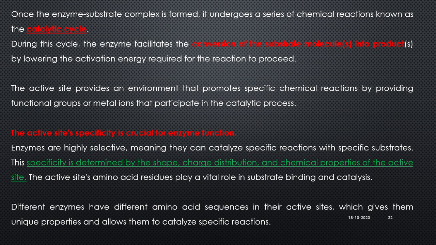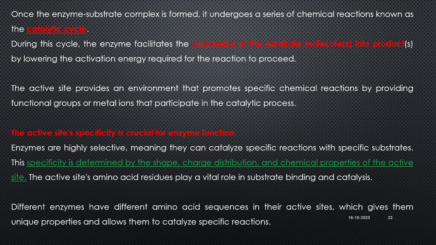Enzymes are highly selective, meaning they can catalyze a specific reaction with a specific substrate. Specificity is determined by the shape, charge distribution, and chemical properties of the active site. In active sites, the amino acid residues play a vital role in substrate binding and catalysis.